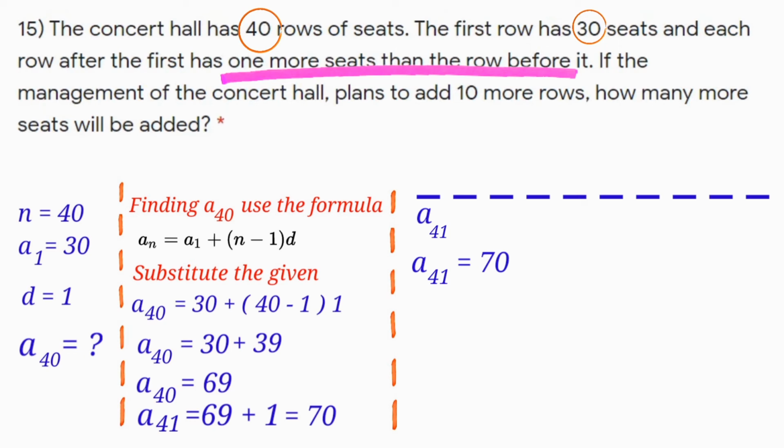Since we are going to be adding 10 more rows, the number of terms will be 10. And the common difference is 1. Since they are asking for how many seats will be added, we will be using the formula S sub n is equal to n divided by 2 times the quantity a sub 1 plus a sub n.